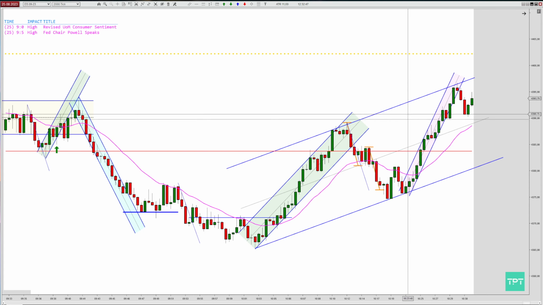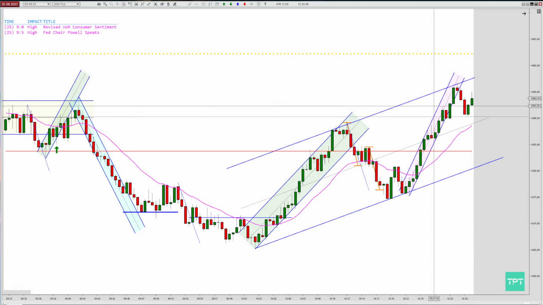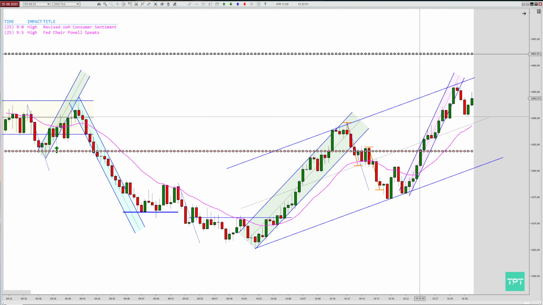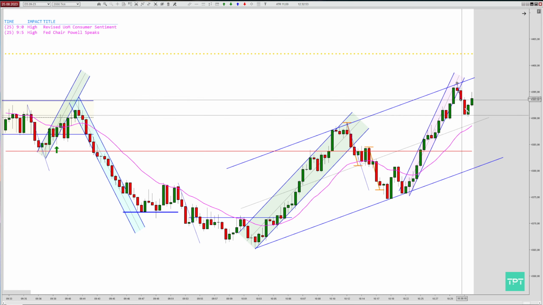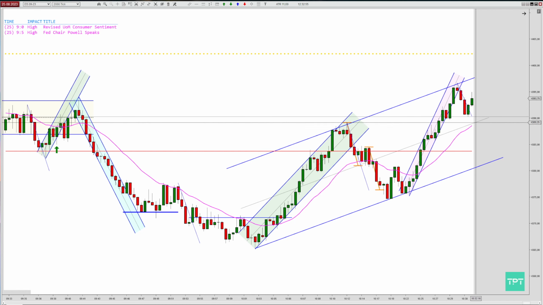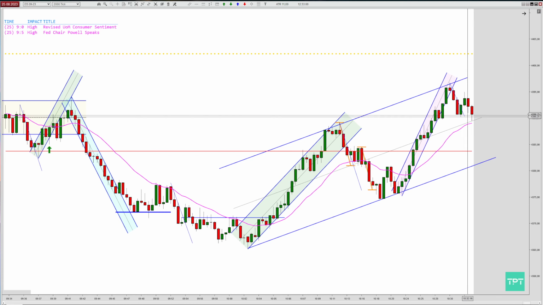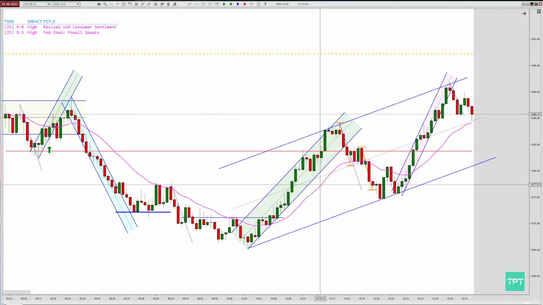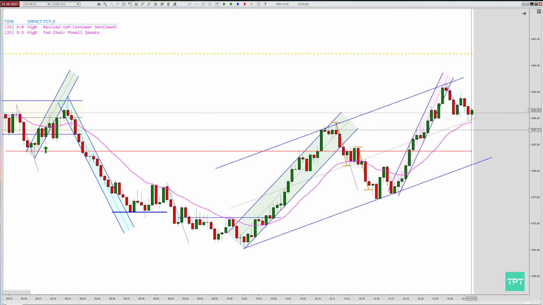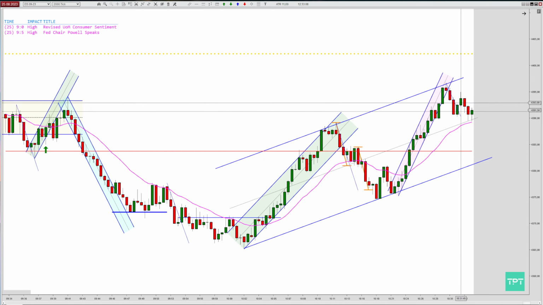So maybe this uptrend here is in play. We are getting a first break of this shorter term uptrend here. You can see this is the first break. First entry long, also pulling back to the EMA and the midline of this uptrend. So maybe, okay, this is an inside bar, but it can also be a nice second entry long.